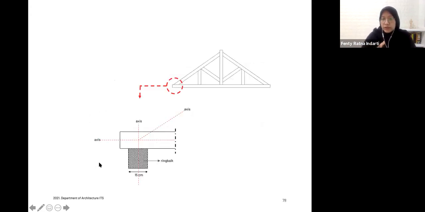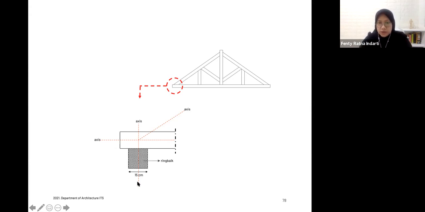When you draw the detail, of course, it starts from the ring beam, because the important part is how we consider the meeting of the ring beam and also the rafter or the trusses. And always use axis, because the axis becomes the guideline or the first thing that you have to consider. So use the axis.